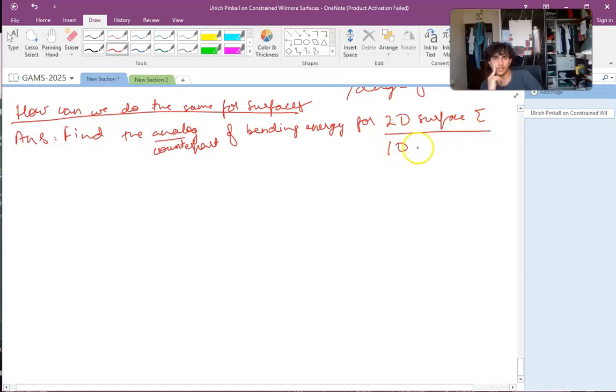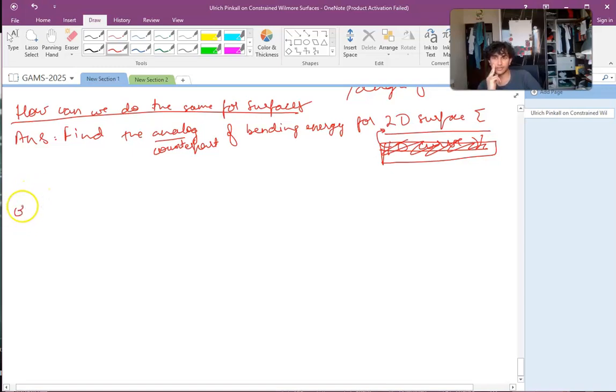So initially, what was our old thing? We had a 1D curve gamma, and now we have a 2D surface sigma. So this is the old thing that we do not care about further, and we want to build on this to understand this, right? So similarly, now we need to ask the question, what do we allow for deformation?